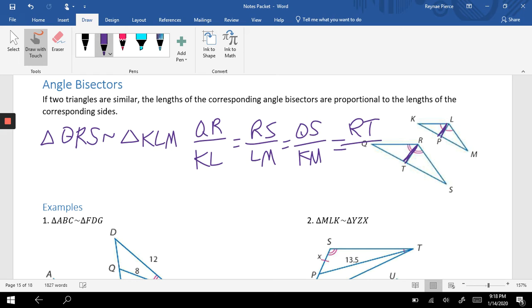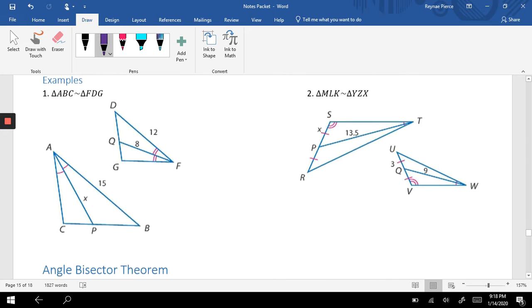So RT to LP. So nothing's changing, we're just able to include more parts of the triangles.